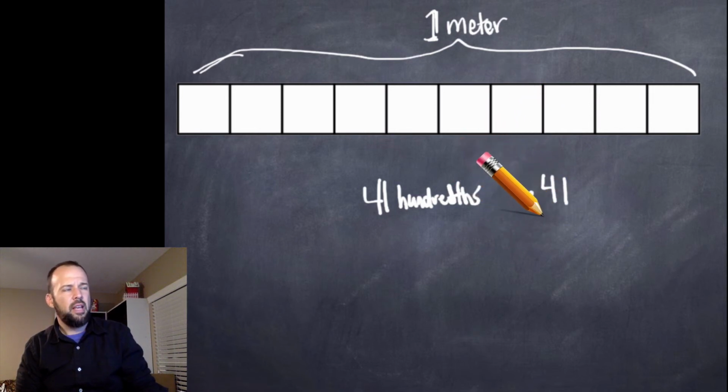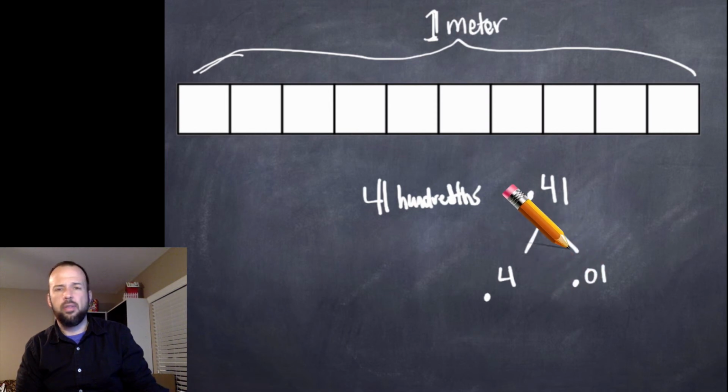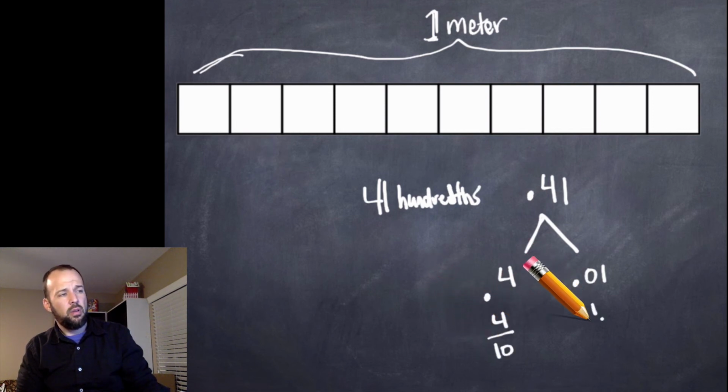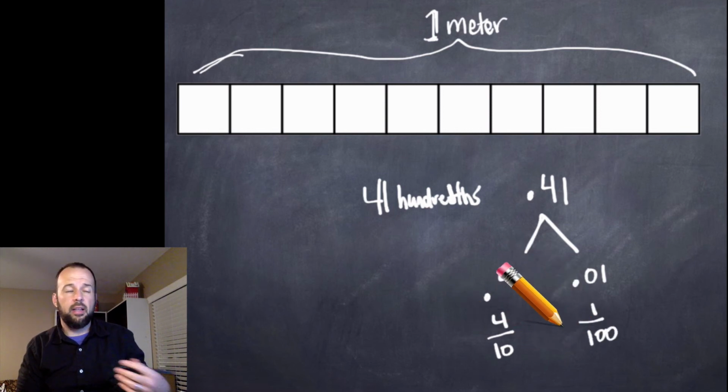If I broke this apart, I could have 4/10 and 1 hundredth, okay? In fraction form, 4/10 and 1 hundredth. And if I'm adding those together, I'd get 41 hundredths.